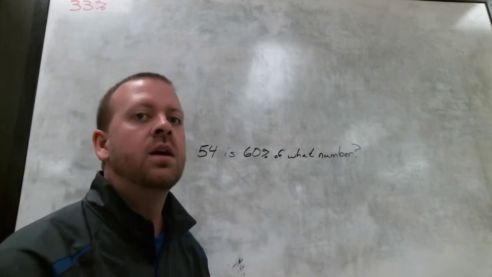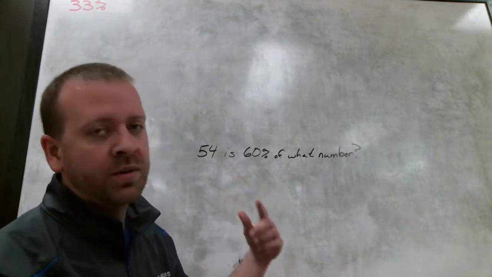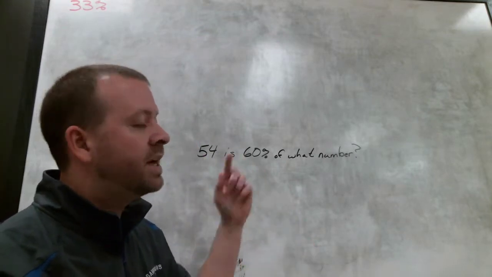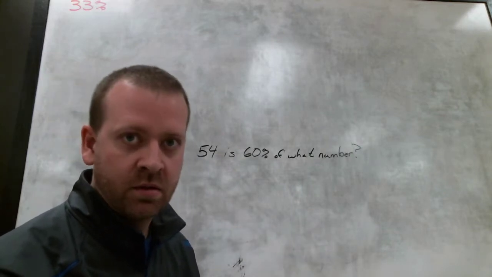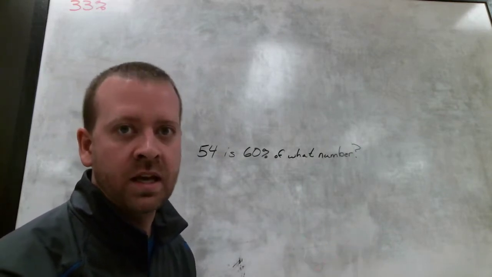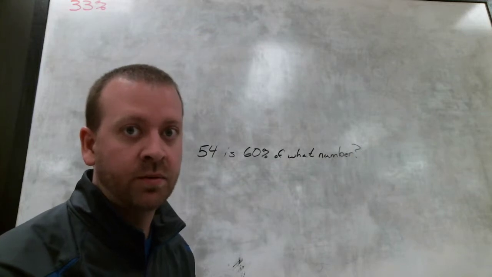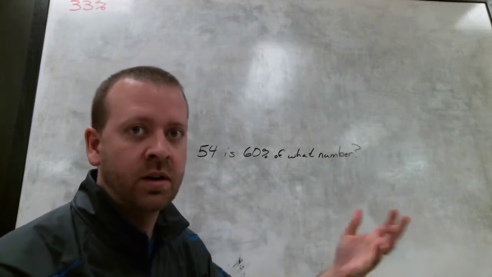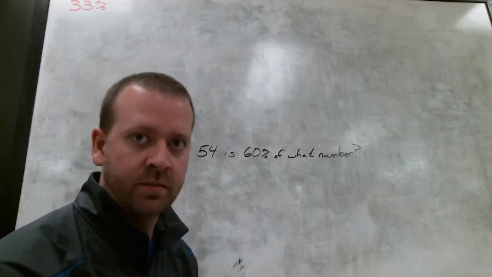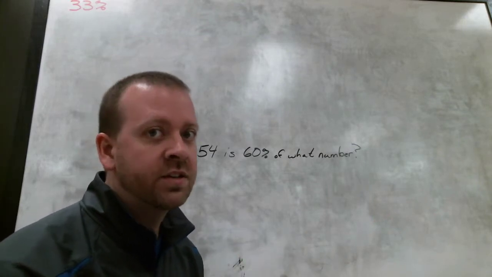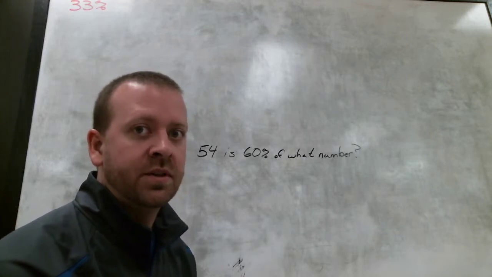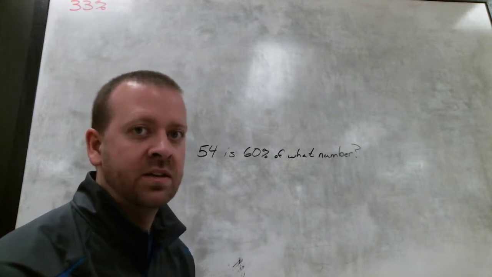But this is a little different because now they're saying, this number here is 60% of something. Now find out what that number is. Before it was, here's the number, find this percentage of the number. Now we're working backwards, okay? And just like we're working backwards, the way you do it is kind of the opposite as well. You'll understand what I mean when I get to the end.